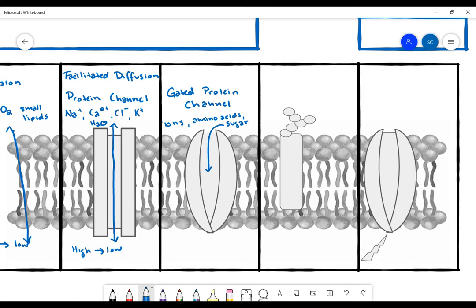So that molecule is going to enter the gated protein channel here, and it's going to temporarily bind to the protein to show that it has entered the protein. When it temporarily binds and says hello to the protein, the protein is going to switch its orientation or position, and it's actually going to close at the top. So we can draw some arrows to show that it's closing at the top, and then it's going to open up at the bottom so that that sugar can flow through into the cell.